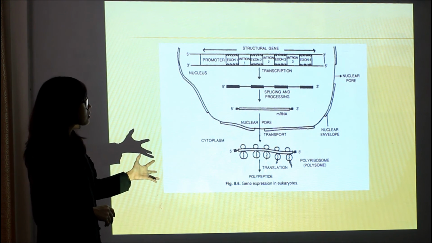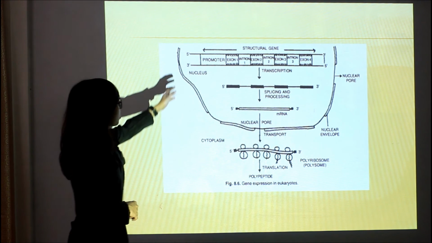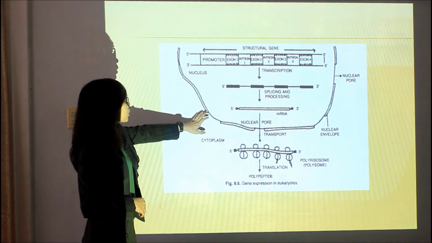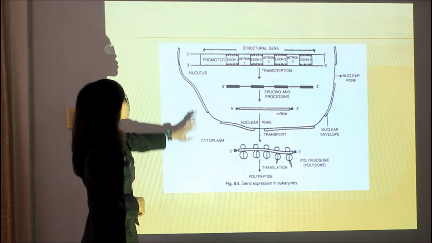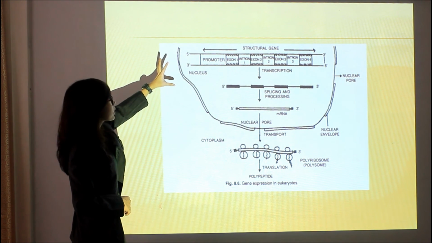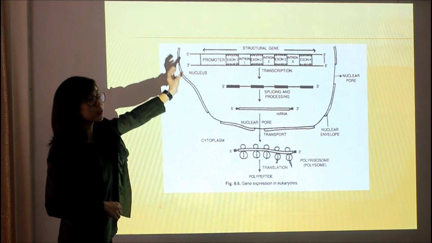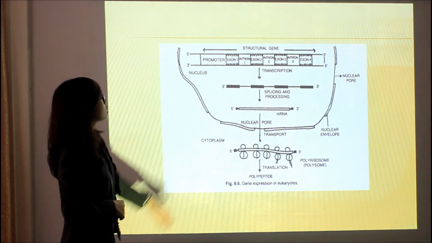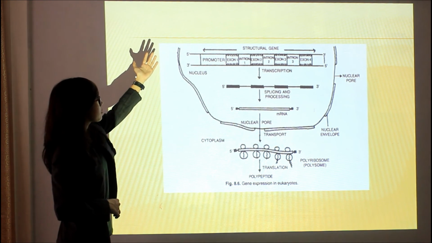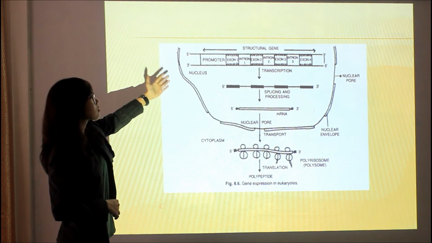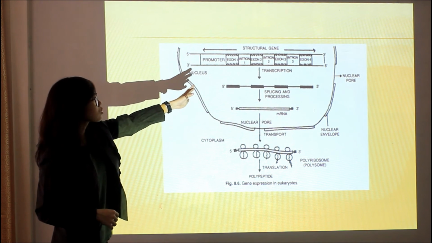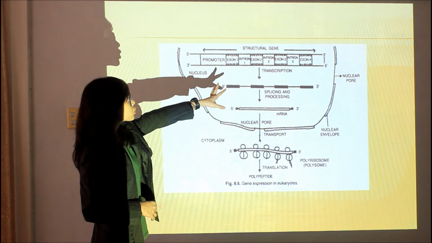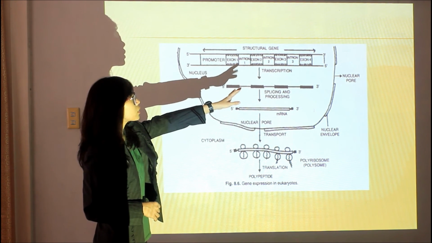So in the cytoplasm, this one is the nuclear pore, the nuclear envelope. This is the site of the expression in eukaryotes. These are the structural genes. It has 5' and 3' ends. The promoter, exon 1, intron 1, exon 2, intron 2, exon 3, intron 3, exon 4.